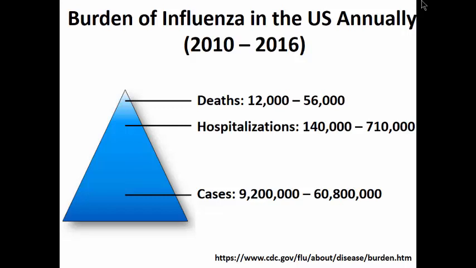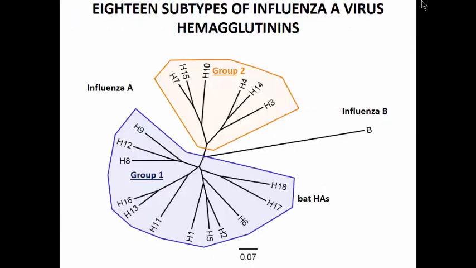One of the reasons we do have this problem, and not everyone can be vaccinated, is that we have a lot of variation in terms of influenza viruses. This shows the different subtypes we have. We have 18 influenza A virus subtypes, and they are divided into 2 groups.